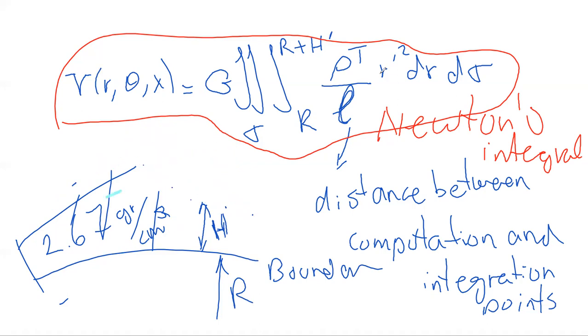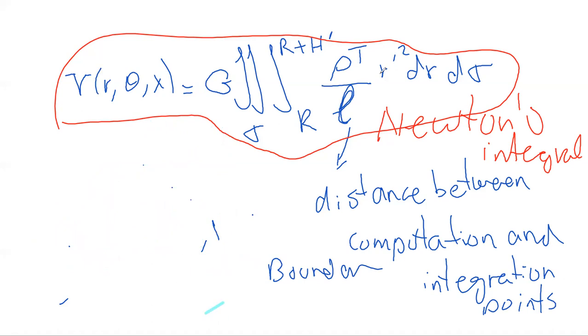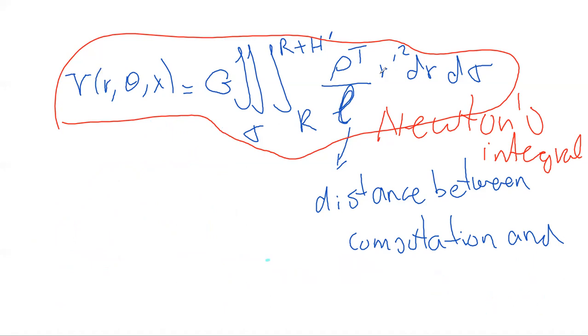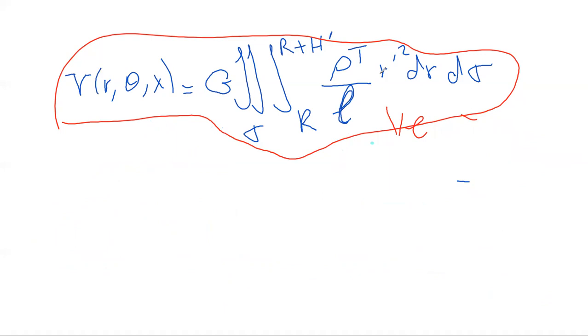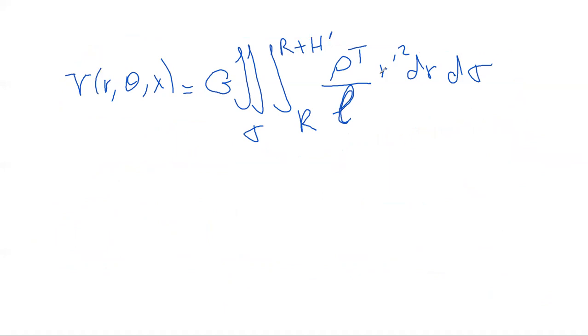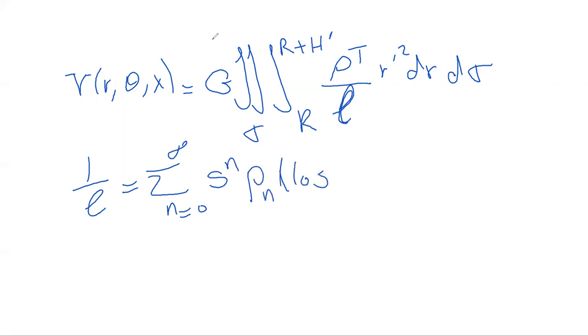How? We all know that the inverse of the distance between 2 points can be written in terms of the Legendre polynomials, so the sum from 0 up to infinity of S^n P_n cosine of the angle between the points. Let me make sure.